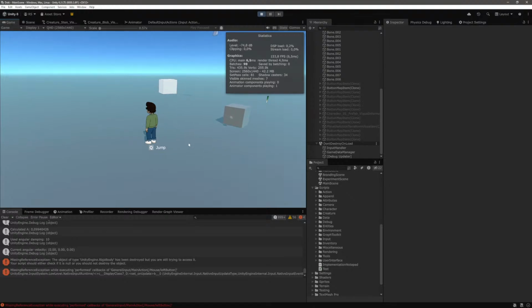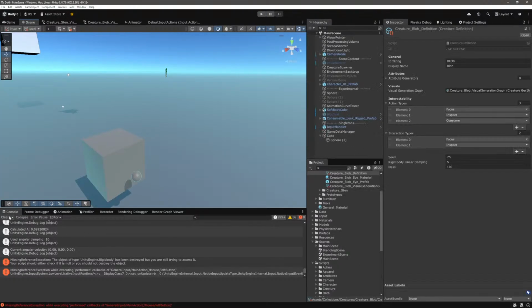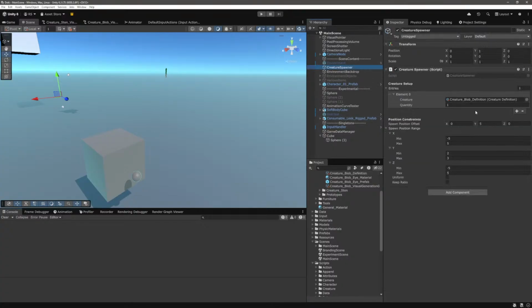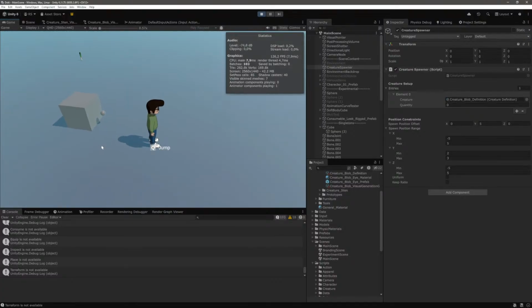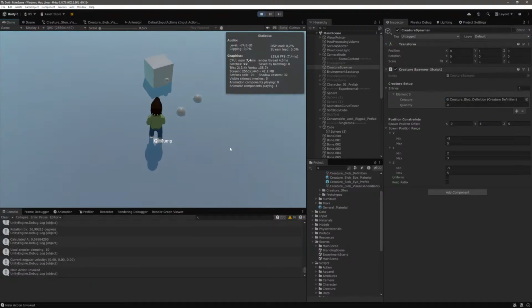Okay, let's do this. And let's do creature spawner. Let's go 0. And let's try it only with the cube. 40 degrees, 57, 49. Okay, this is way better.